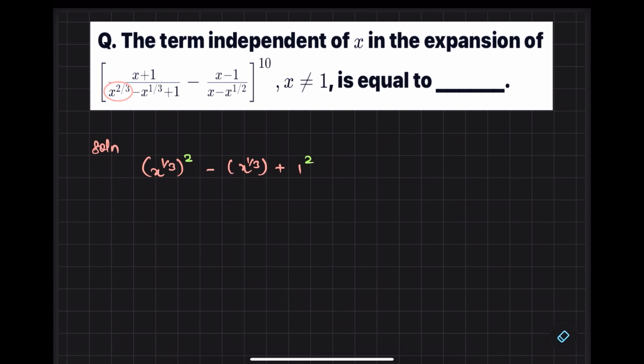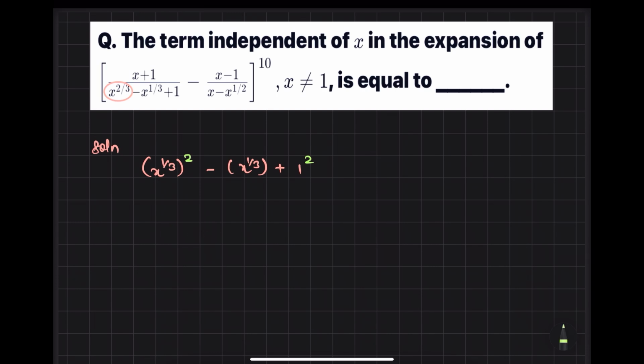Now, have you ever seen this kind of situation? You have seen this situation in (a minus b) whole square, but over there it was a square plus b square minus 2ab, but here we don't have 2, so this is something different. Correct? Now try to recall something else.